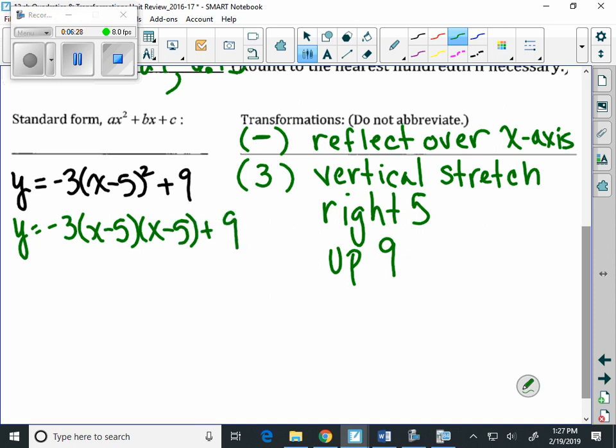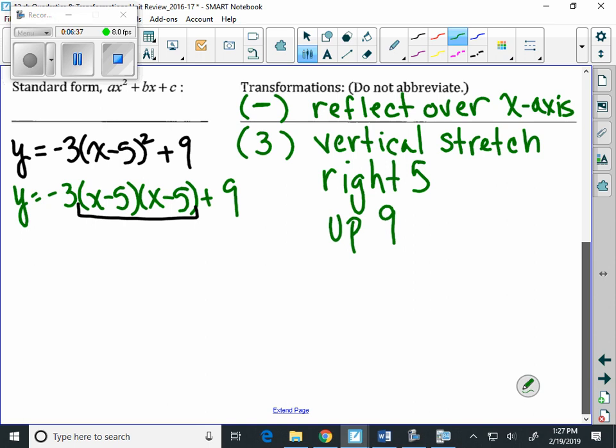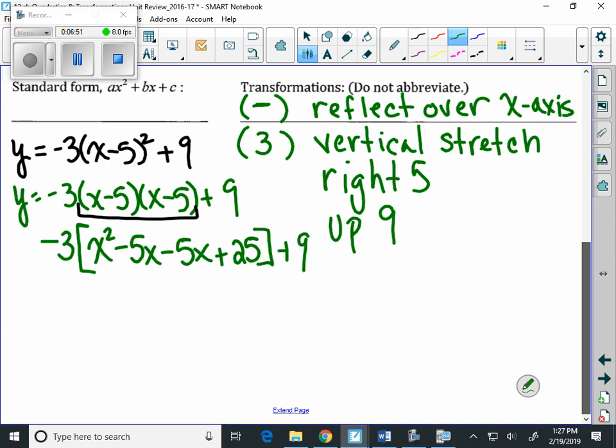And what I'm recommending is that you multiply these two first with double distributive property or with FOIL, whichever one works for you. So I'm going to leave that negative 3 out here, and then it's going to become x squared minus 5x minus 5x plus 25 plus 9.